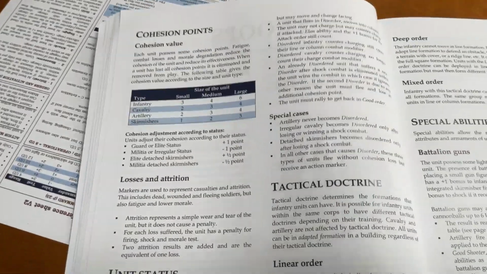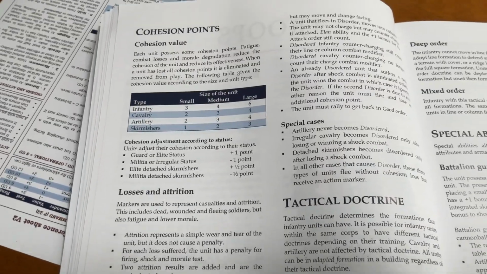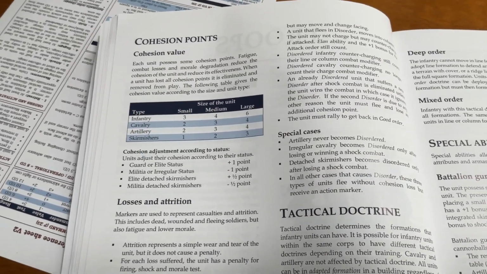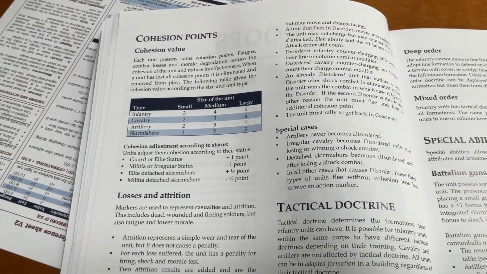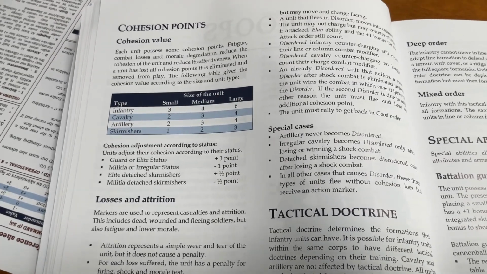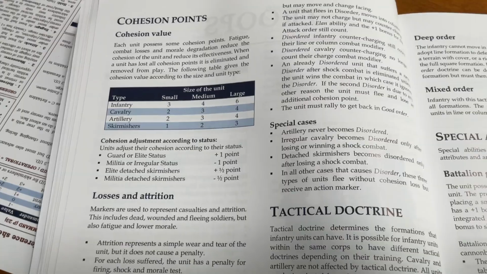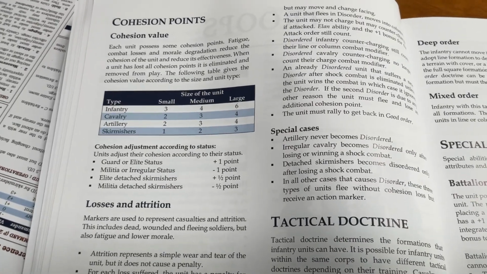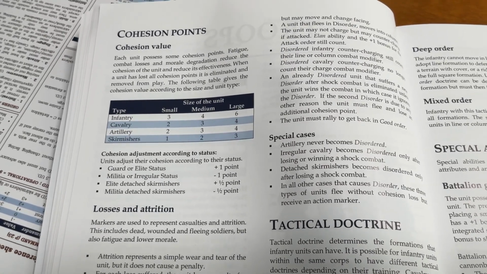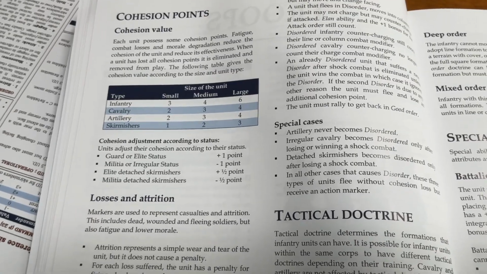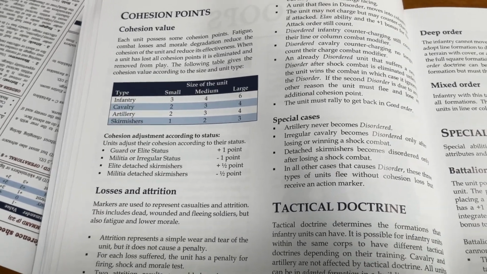Then each unit has a cohesion point. This is basically how many hit point damage you can take. A standard unit, which we're going to say is medium, for example, infantry is 4 cohesion points. As you start taking hits, those cohesion points decrease.